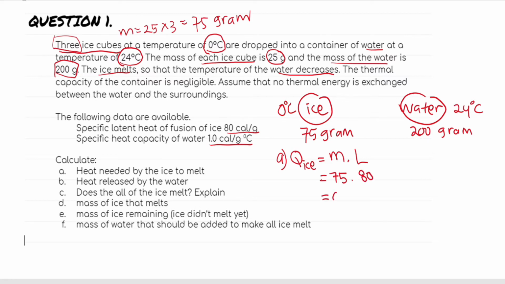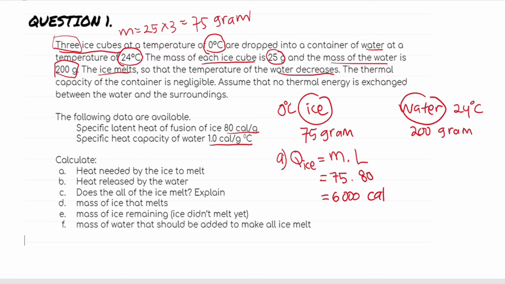So it is 6,000 calories. This is the heat needed by the ice, and we assume that all the ice will melt. So this is the heat needed to melt all of the ice.